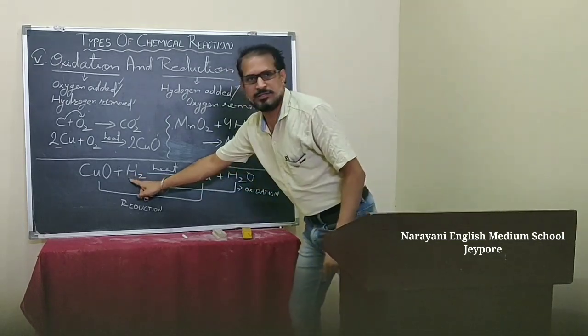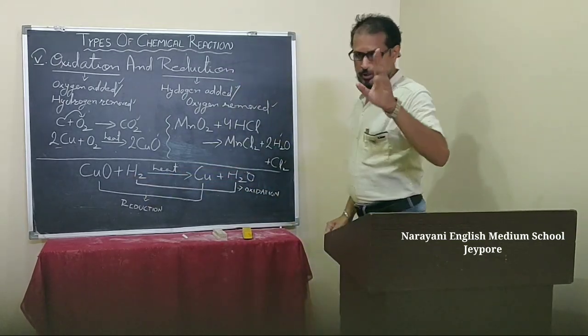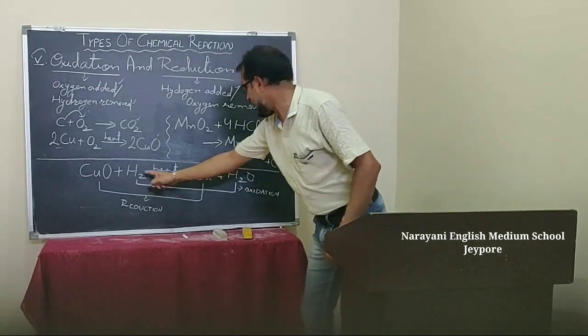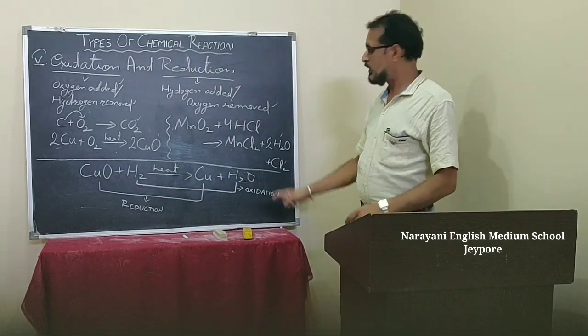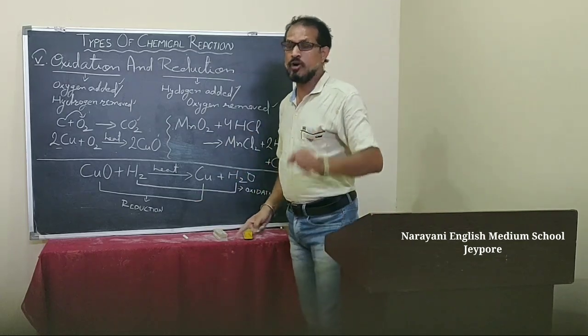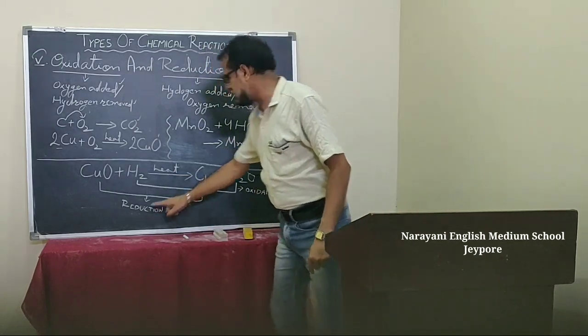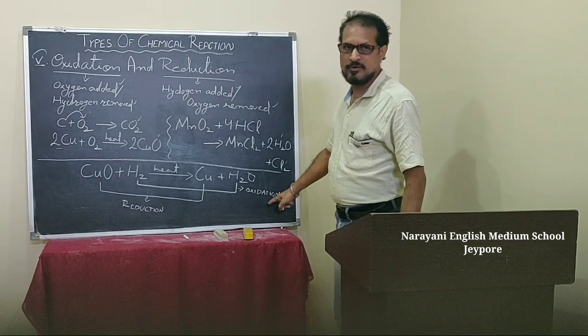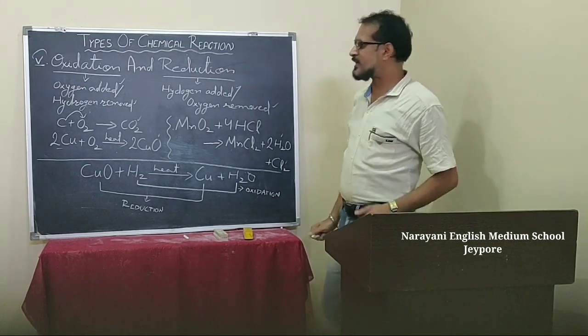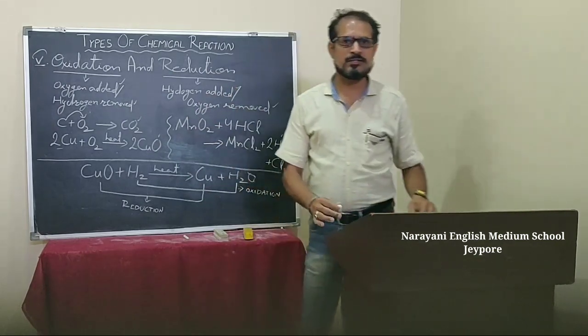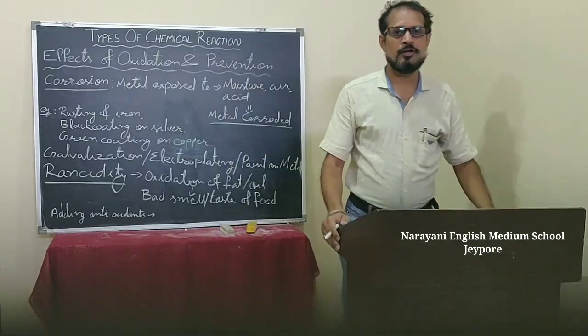Similarly, hydrogen is being added with oxygen, so oxidation. Same reaction where we got reduction and oxidation, right? So these are the types of chemical reaction, and this is the last one, oxidation and reduction.